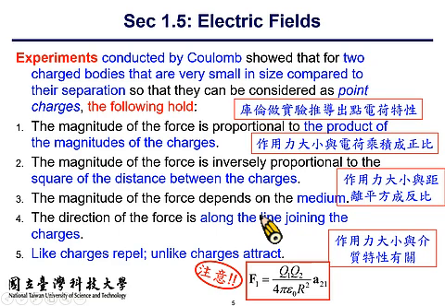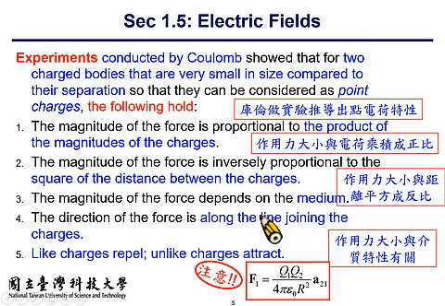This is related to the nature that for a point charge, the distribution of its electrical field is spherical and kind of homogeneous. The fourth thing is that the direction of force is along the line joining the charges.